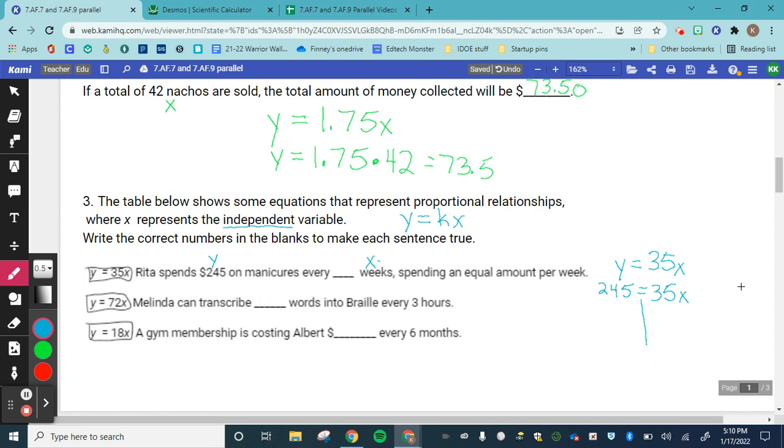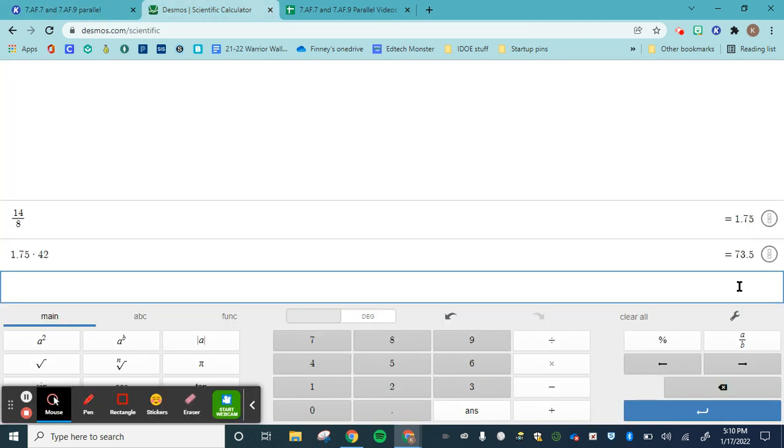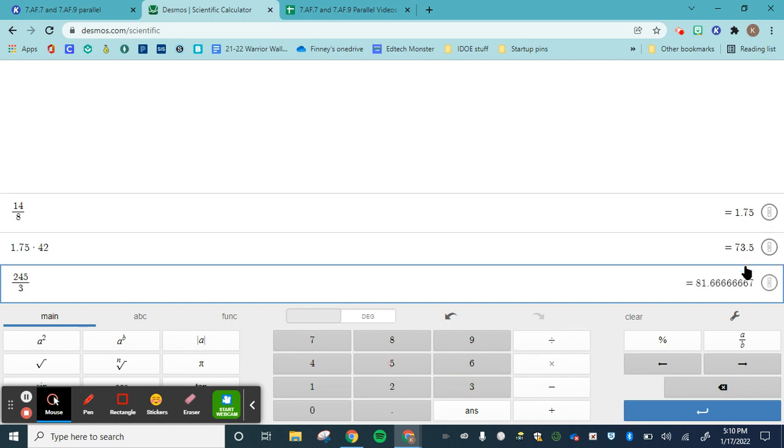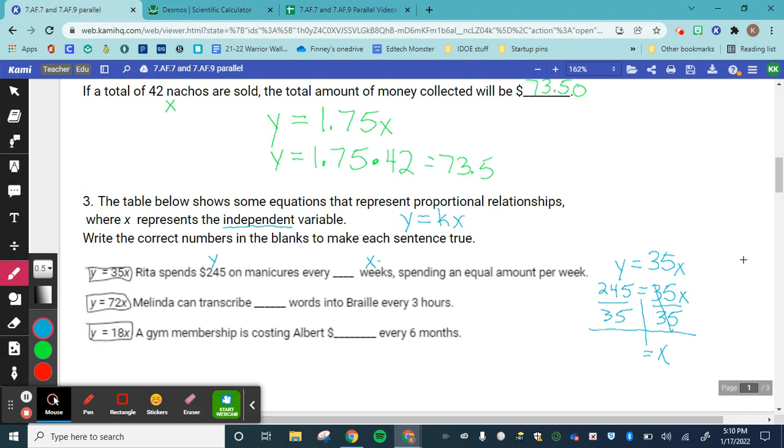So to cancel out the 35, I will divide both sides by 35. 35 divided by 35 is 1x. So I'll get x equals 245 divided by 35. I'll go back to my calculator. 245 divided by 35, and I get 7. So Rita spends $245 on manicures every 7 weeks.